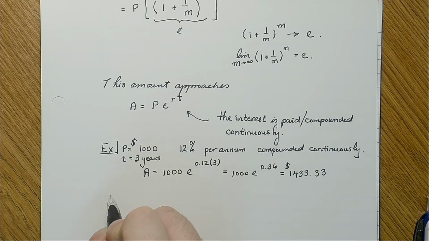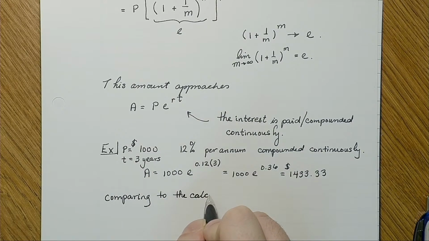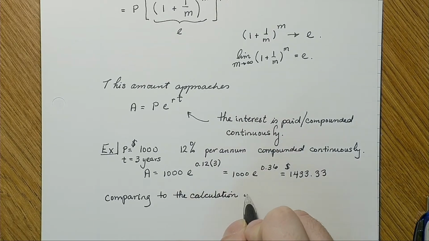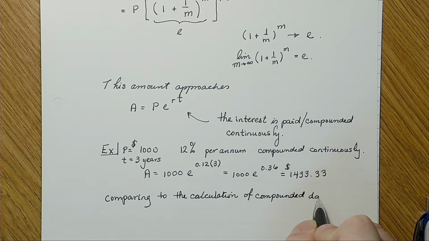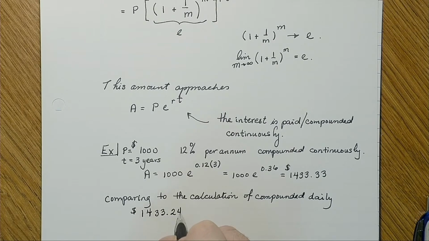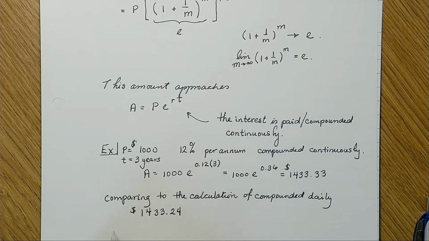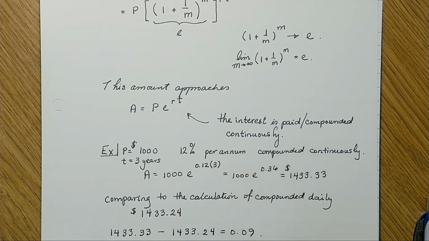So again, comparing to the calculation of compounded daily, I had $1,433.24. So I was only off by $0.09.